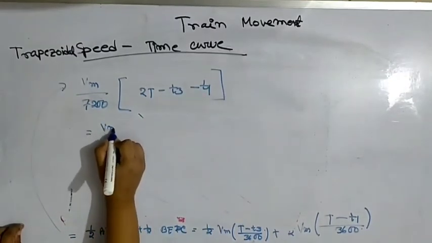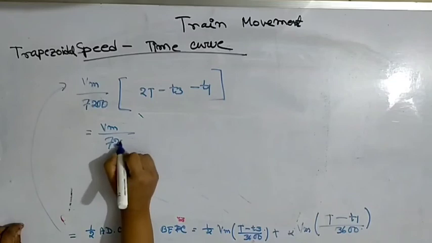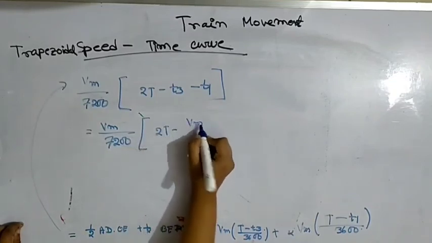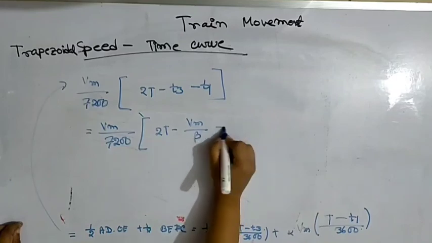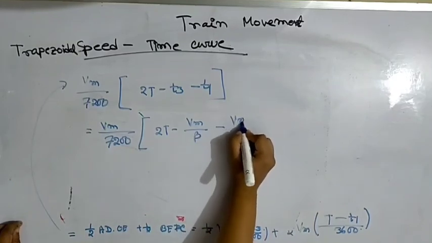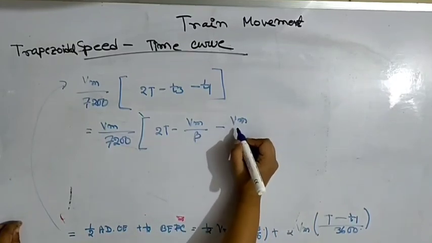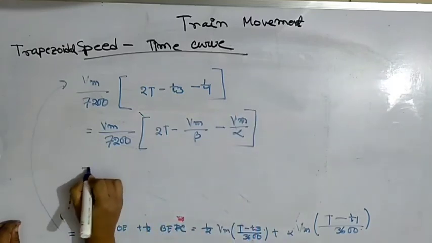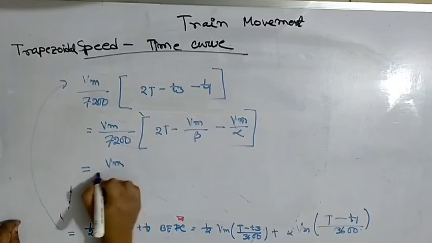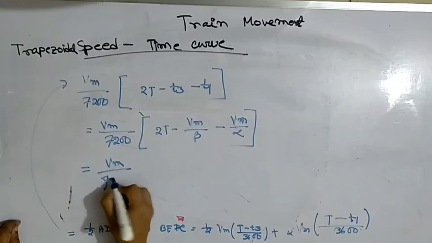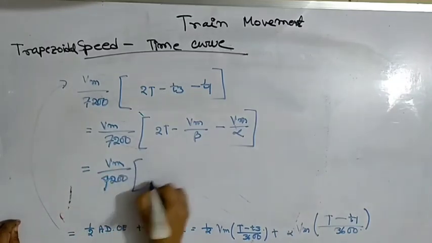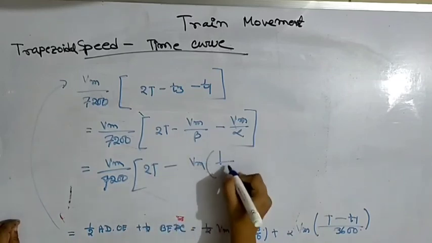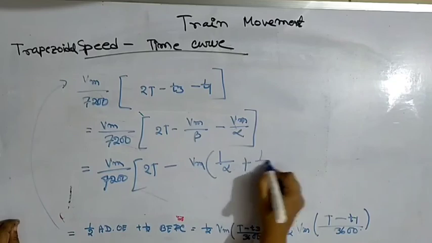This is equal to Vm by 7200 (2T minus Vm by beta minus T1), and T1 is equal to Vm by alpha. Now Vm by 7200 (2T minus Vm (1 by alpha plus 1 by beta)).